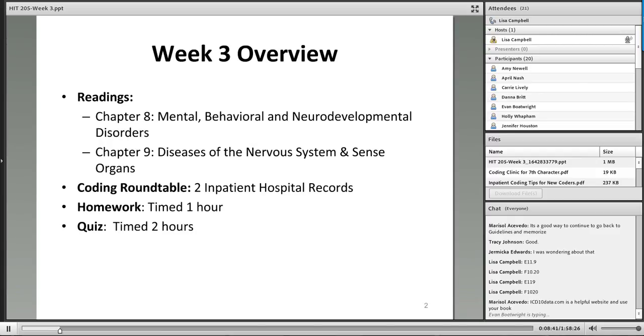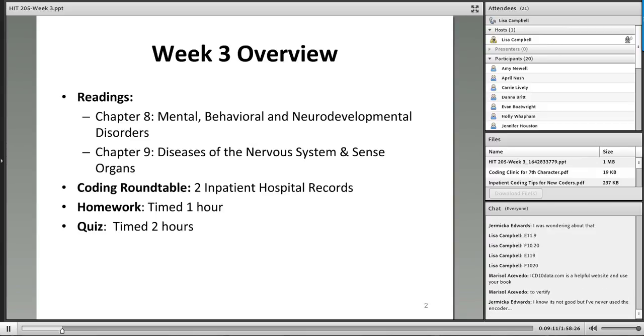Number 2, you really want to know how to utilize your coding manuals, because if you are taking the coding exam, the only resource that you are going to be able to take into the room is your coding manual. You will not be able to launch an internet browser. So it is in your best interest to ensure that you know how to use your manuals through and through. Very, very, very important.